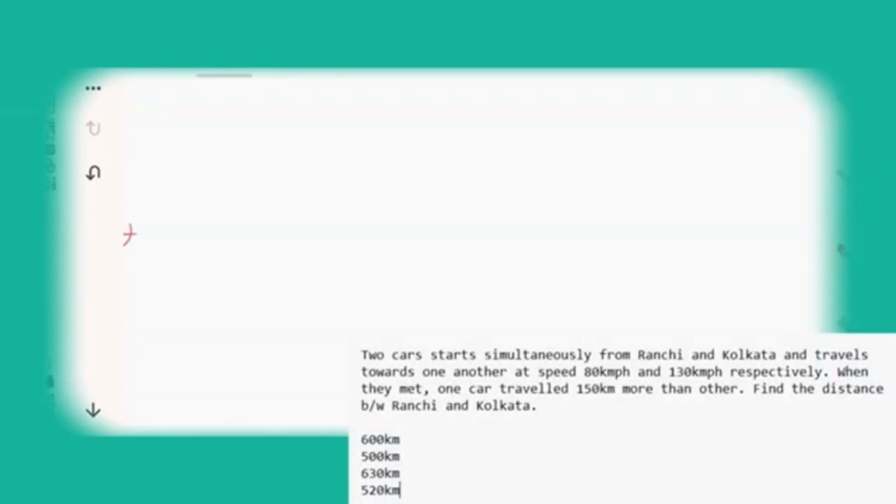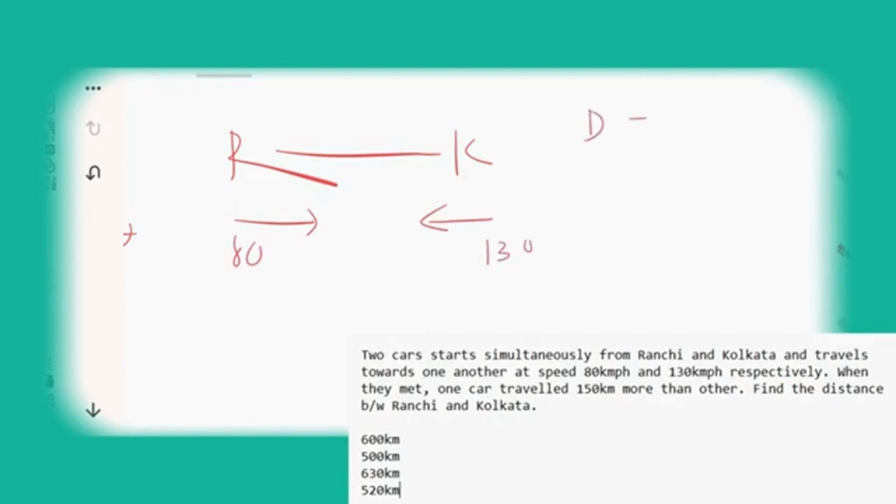So Ranchi and Kolkata, right? The distance between Ranchi and Kolkata we don't know. But one car is at a speed of 80 km per hour and the second car is at a speed of 130 km per hour. We know that distance is equal to speed into time.